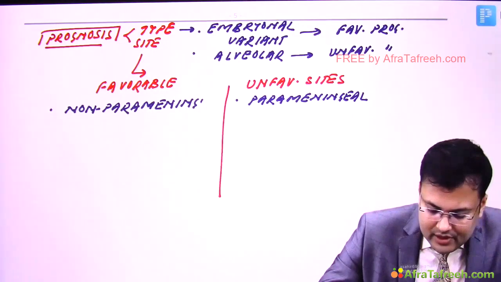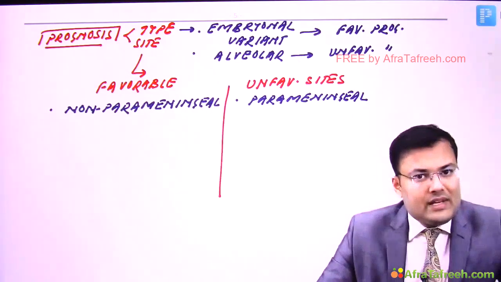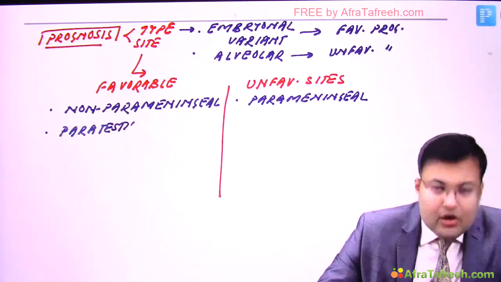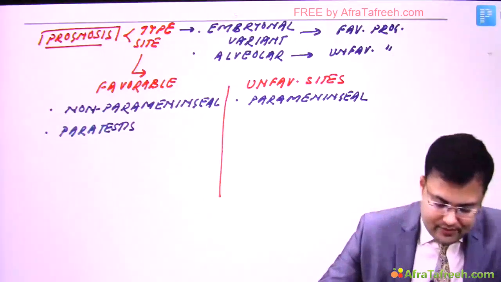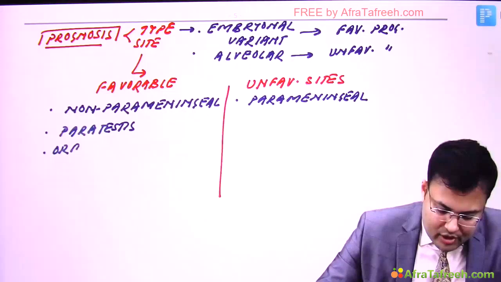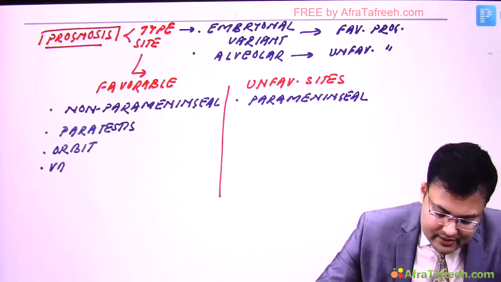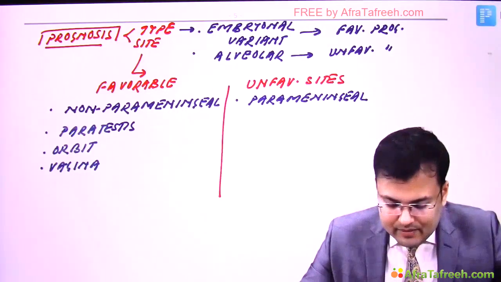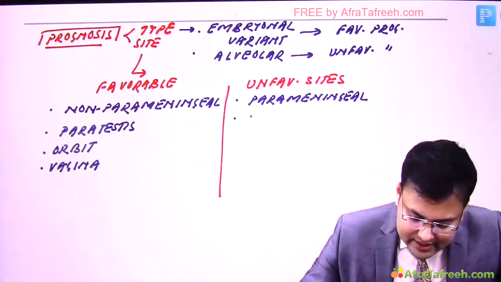What are the other favorable primary sites? The paratestis, orbit and vagina. Clear? And what is the other unfavorable site apart from parameningeal? The extremity.